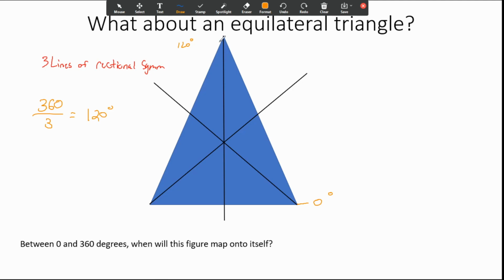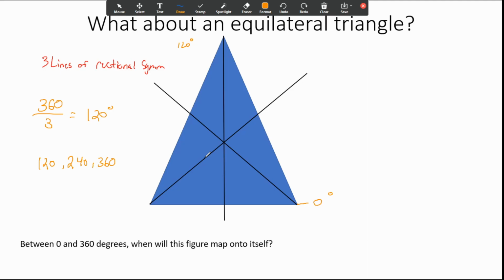Because this would be 90, and then it would be a little bit past it. So then that would mean this point would flip all the way to here, and you would have symmetry. Then I need every multiple of this, so just keep adding it to itself, not recopying it. 120 plus 120 is 240, and 120 plus 240 is 360.